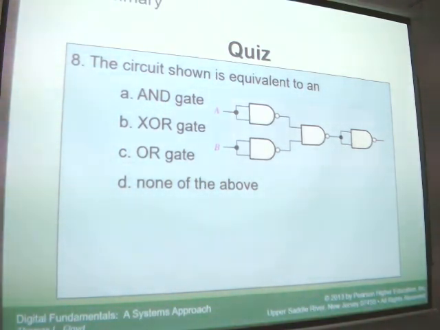So it equals A1, B1, A bar, B bar, right? Yes. A bar, B bar with a bar on it equals A plus B bar.